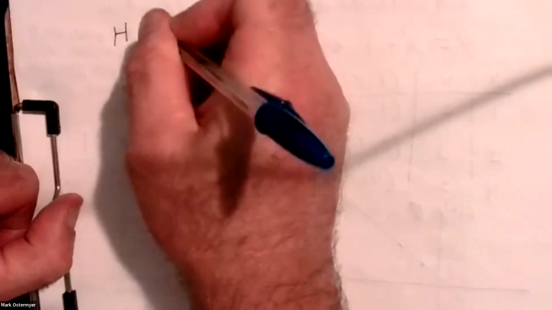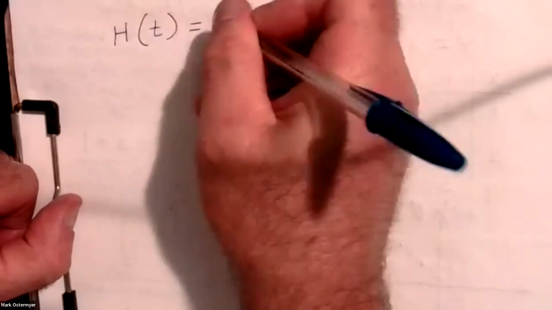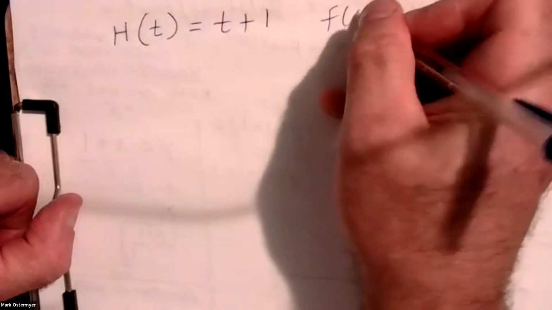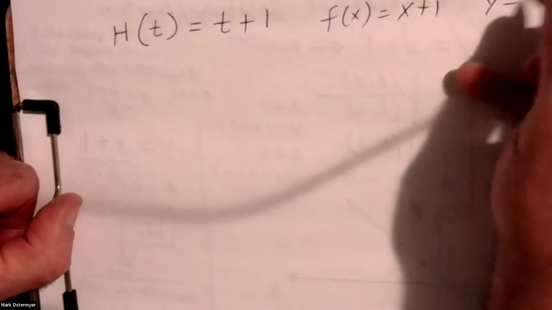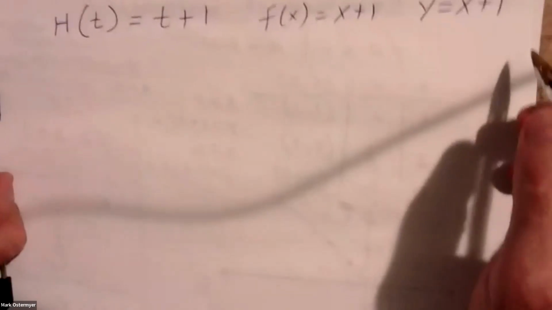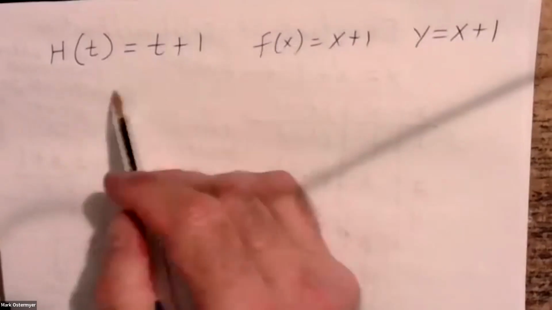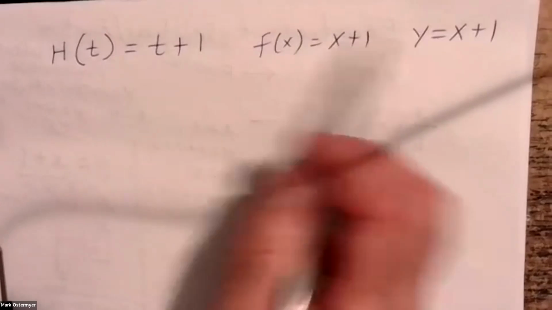Suppose I have a function that's h of t equal to t plus 1. Is this function the same as f of x equal to x plus 1? Is it the same as y equal to x plus 1? Are these functions all the same? Same or different?